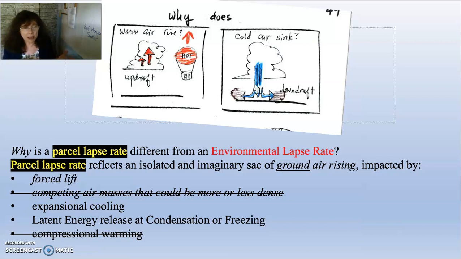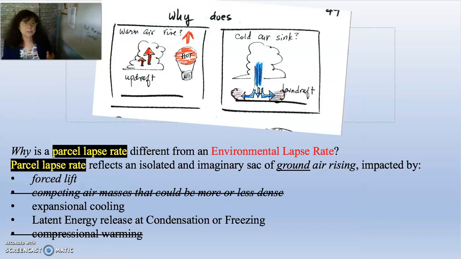We may put in the impact of forced lift on the parcel lapse rate, but the vast majority of it is going to be the expansional cooling of the sac to condensation, and then the latent energy release at condensation or at freezing as we calculate that that sac of air should be condensing in the atmosphere and possibly rising as it condenses and freezes.